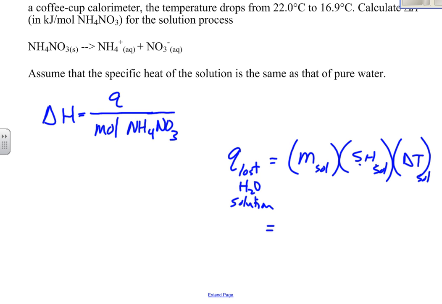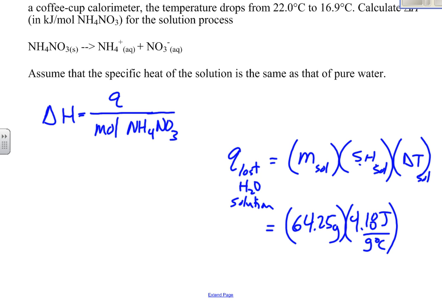So that would give us 64.25 grams. Specific heat, we're told that we can use the same specific heat as water, so 4.18 joules per gram degrees Celsius.